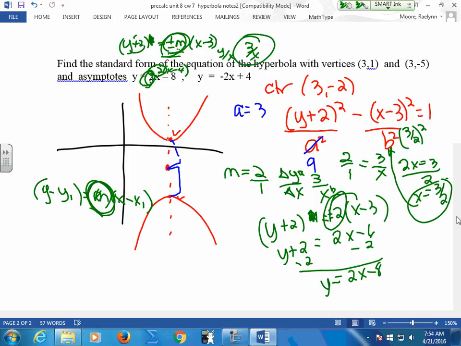So all I have to do is rewrite my equation to say y plus 2 squared over 9 minus x minus 3 squared over 9/4, right? So what should I do with the 9/4 since I can't leave it as a fraction in the denominator? Put the 4 back up here. There's my equation.